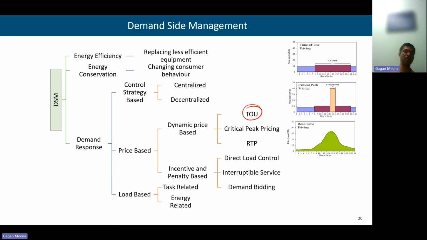To recover that cost, they would transfer it to the users in the form of different types of surcharge or components in the bill itself.